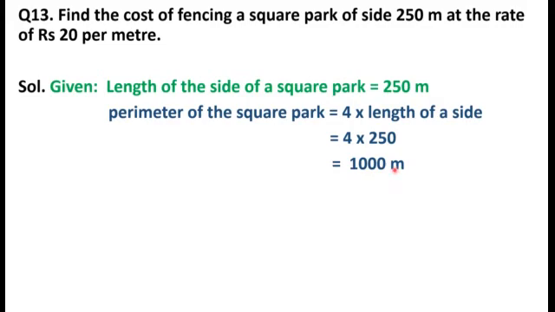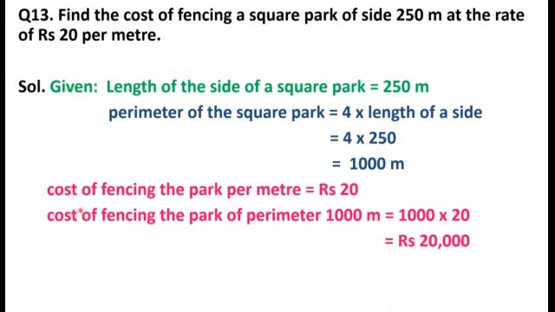Okay. And it is given in the question that cost of fencing park per meter is equal to rupees 20. So we have to fence the whole square park. Okay. So what is the whole length of this square park? That means perimeter of the square park we have here is 1000 meter.